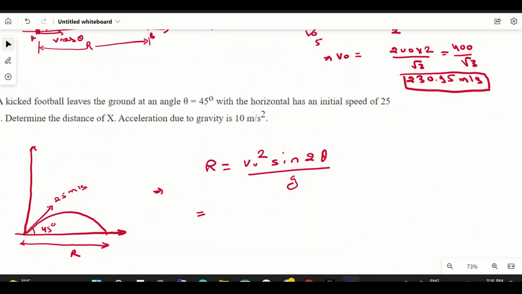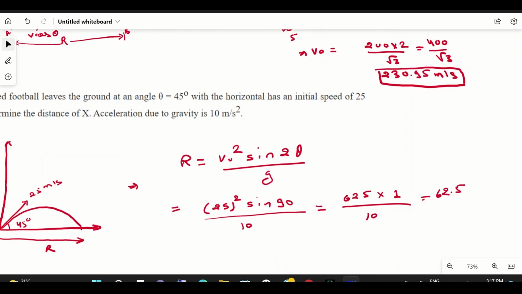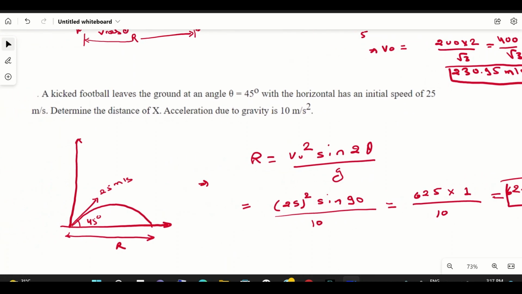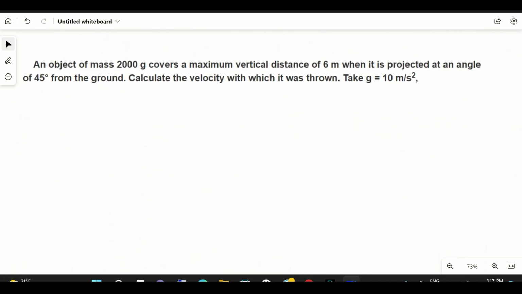R is equal to V naught, given as 25, to the square, sin of 45 into 2 is 90, divided by 10. 25 square is 625 into sin 90, which is 1, divided by 10. So it will be 62.5 meter. So this will be the distance at which this football will fall. I hope you understand this question. Now let's move to the next question.